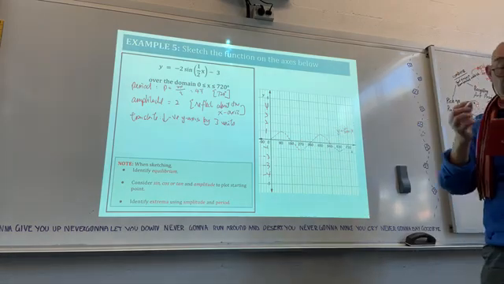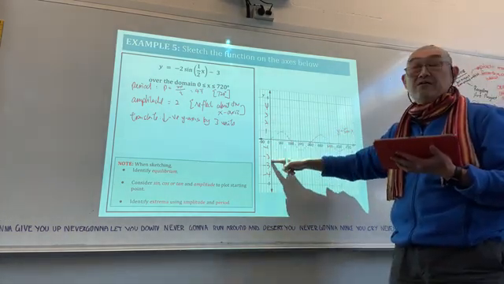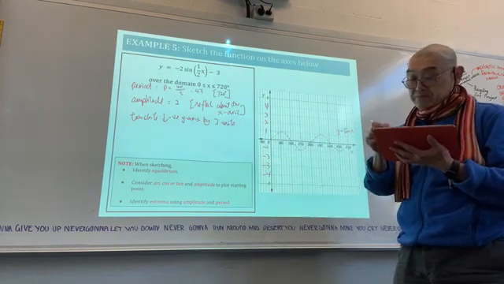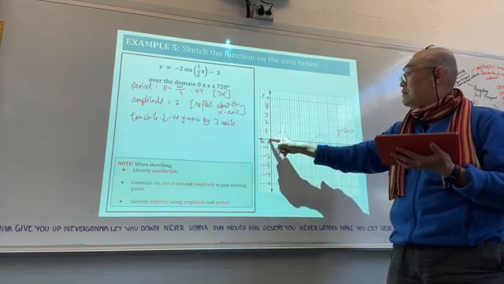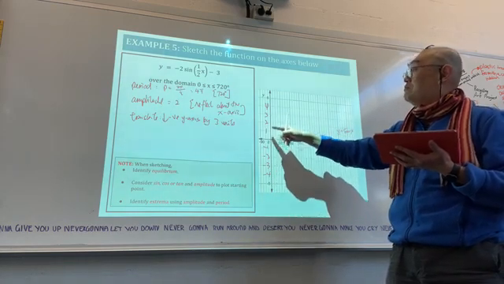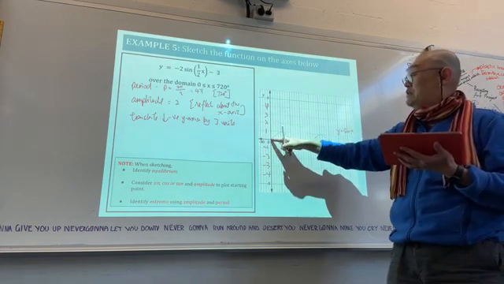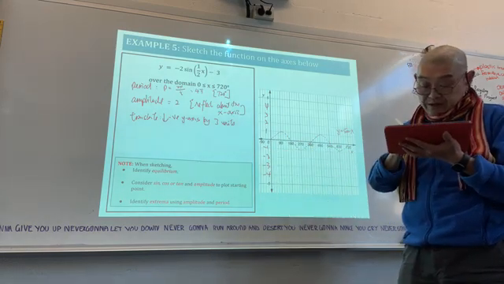So we've got to multiply by 2 and then reflect. Let's start off from this point. If it is 0, it doesn't change because 0 times 2 is still 0, and then down by 3.